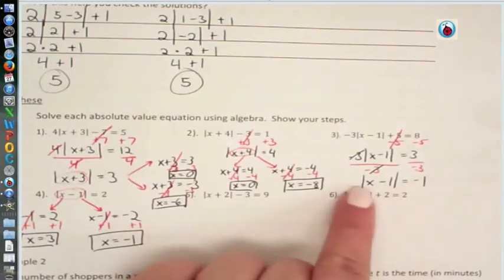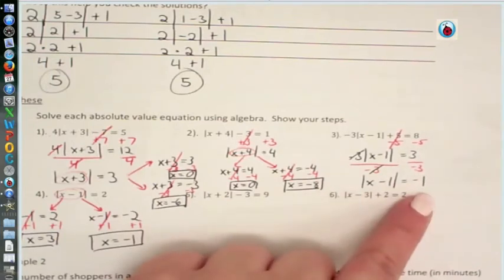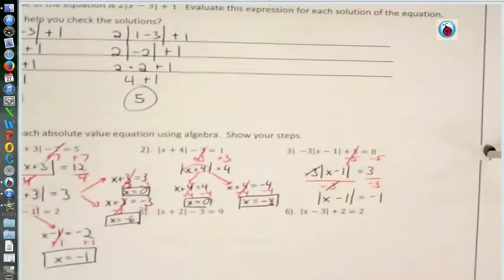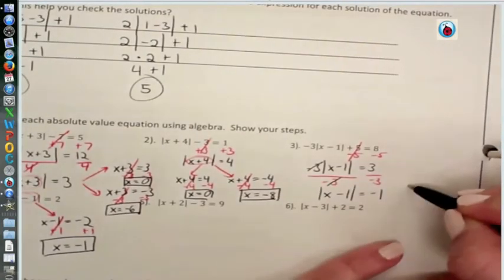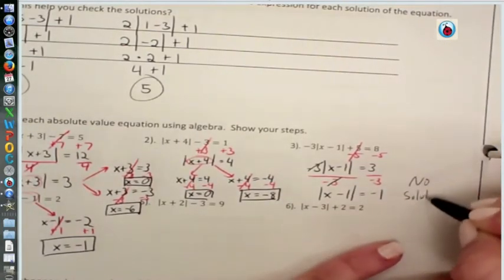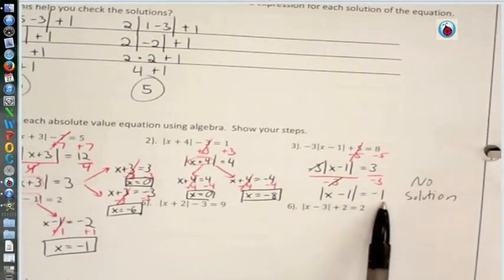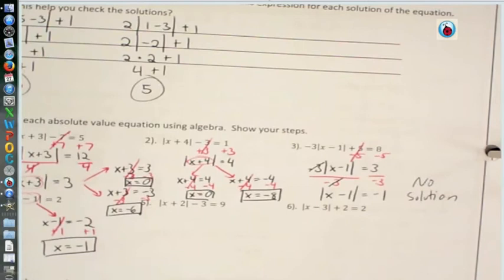There's no such thing as a negative absolute value. So this happens sometimes. Not all equations are actually solvable. This does not have a solution. So I'm going to write no solution. You can do that if you get the absolute value equals some negative number, because that's not possible.